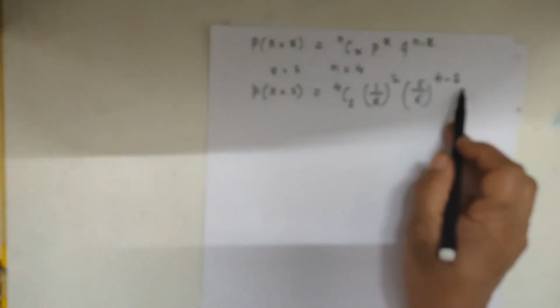So we get 4C2, with p, the probability of a doublet for a single trial, 1 upon 6 raised to 2, and q is 5 by 6 raised to 4 minus 2, that is n minus x.